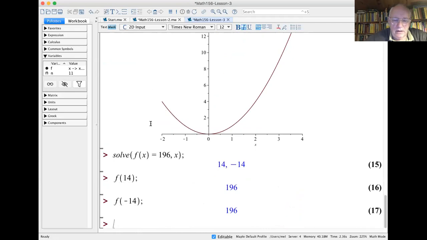And then we need to know how to differentiate. Find the derivative of a function.